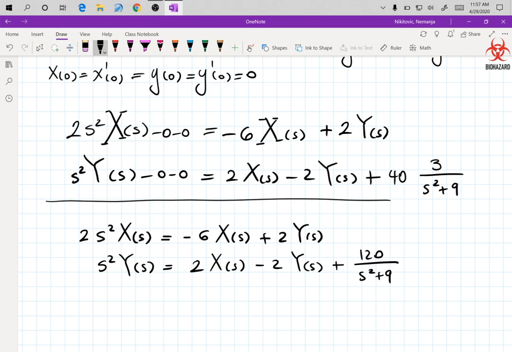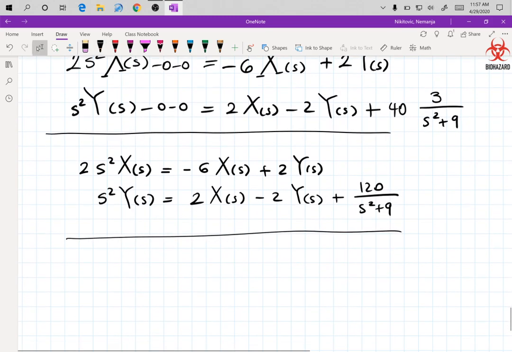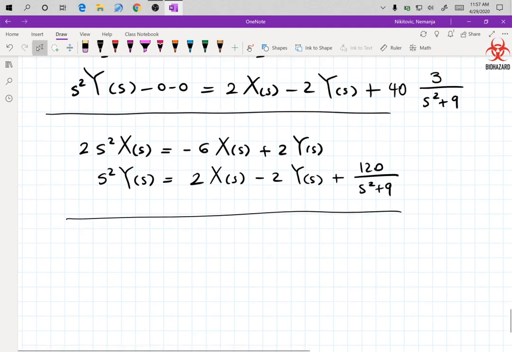All right. So now I have my system. And this system is, as you can see, just a system in terms of x and y. So let's put everything on the left side and everything that doesn't have x and y on the right side, and see where we get from there.